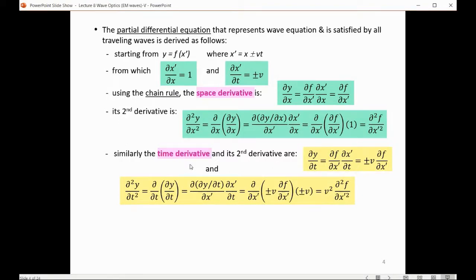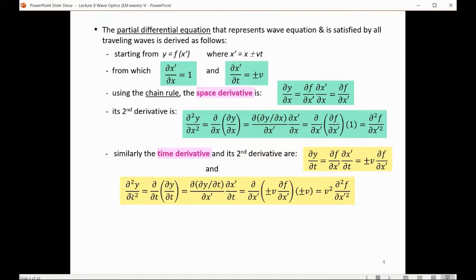Similarly, we can do that for the time derivative and its second derivative as well. So that will give us del y del t equal to del f del x prime multiplied by del x prime del t, and that's equal to, whereby here is substituted with plus or minus v, del f del x prime.